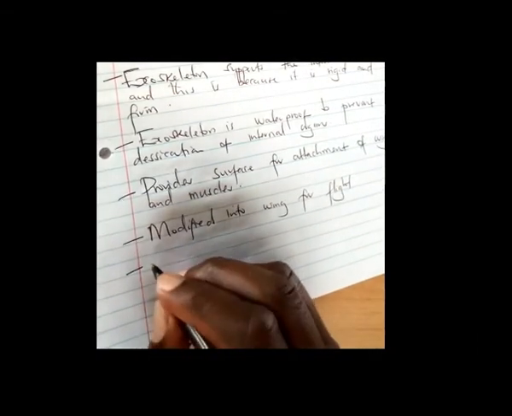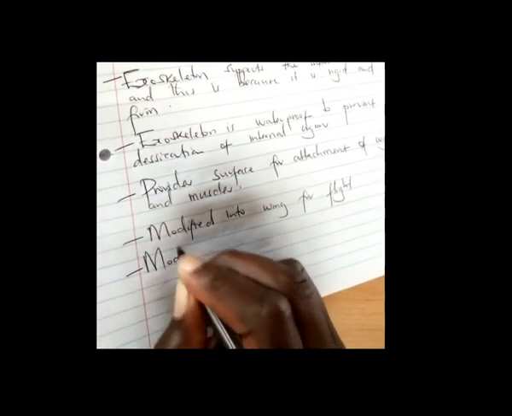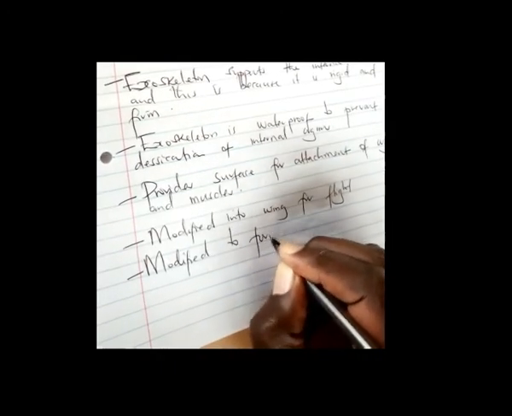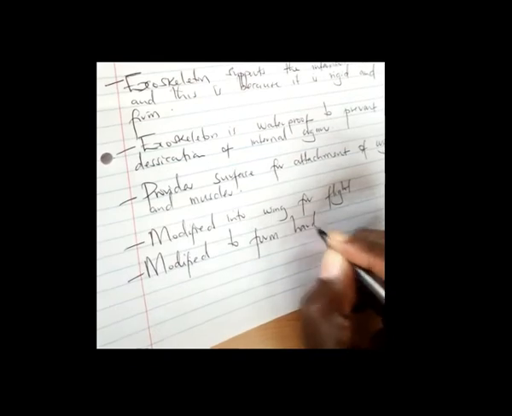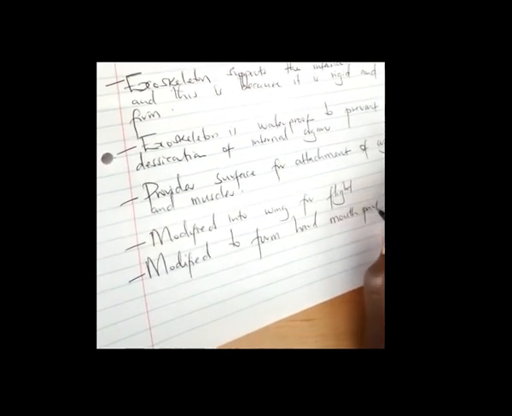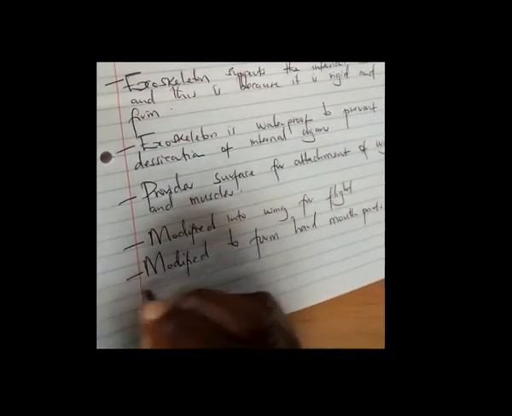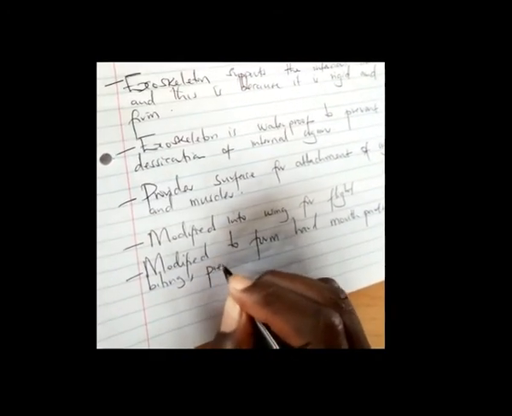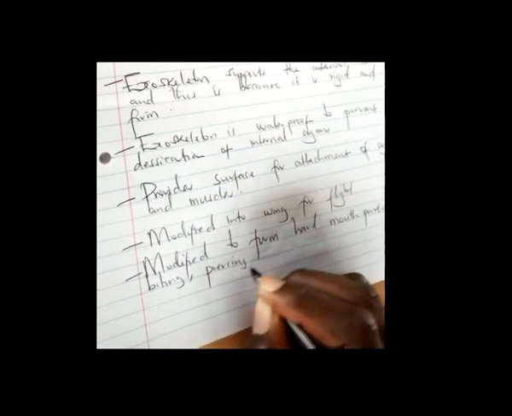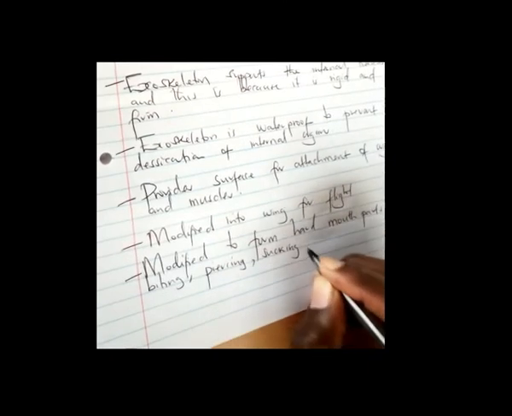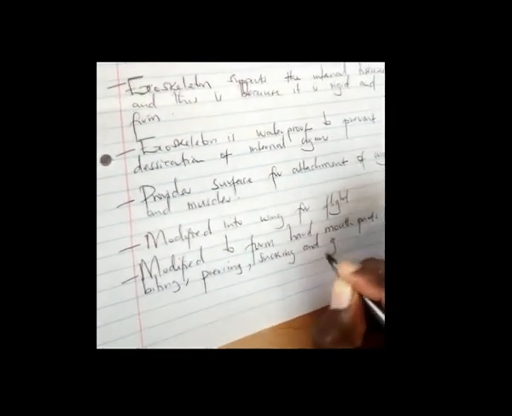The exoskeleton is also modified to form hard mouth parts for biting, piercing, sucking, and grinding.